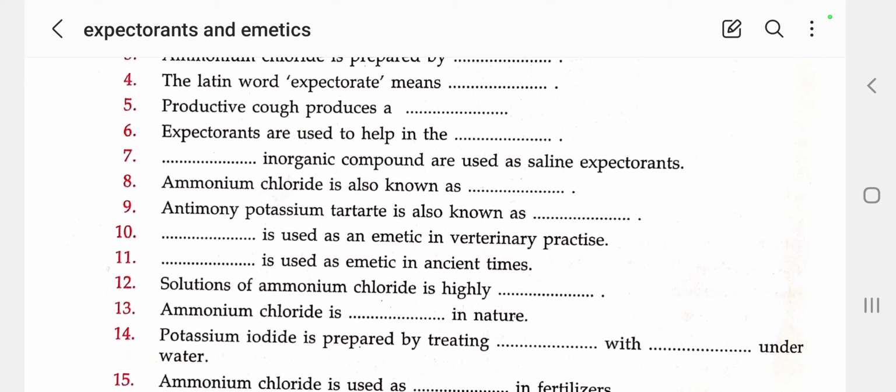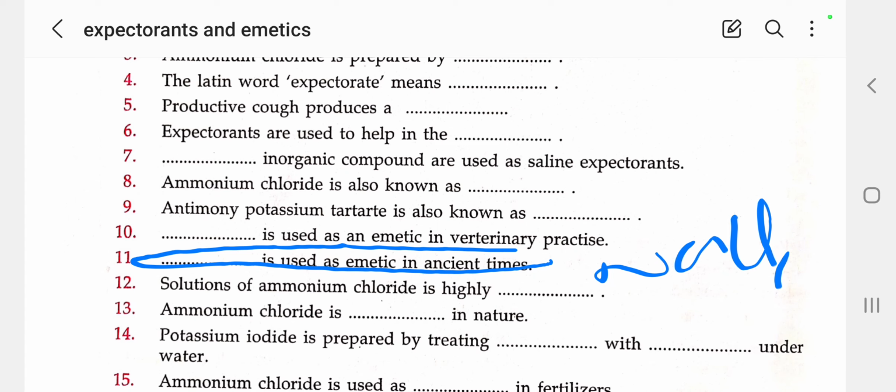And next one, dash is used as an emetic in veterinary practice: hydrogen peroxide. So next question, dash is used as emetic in ancient time. In ancient time they used sodium chloride and mustard solution for the treatment of emetic, or to induce the emesis.